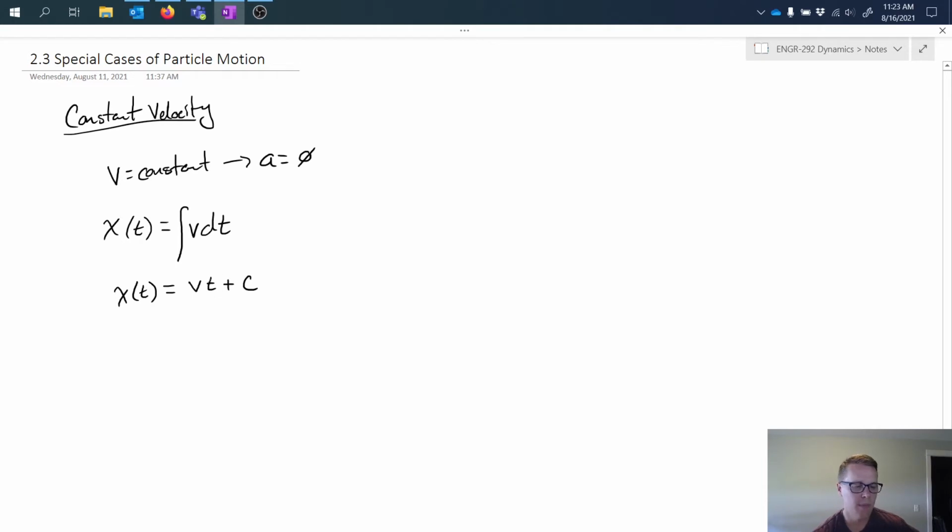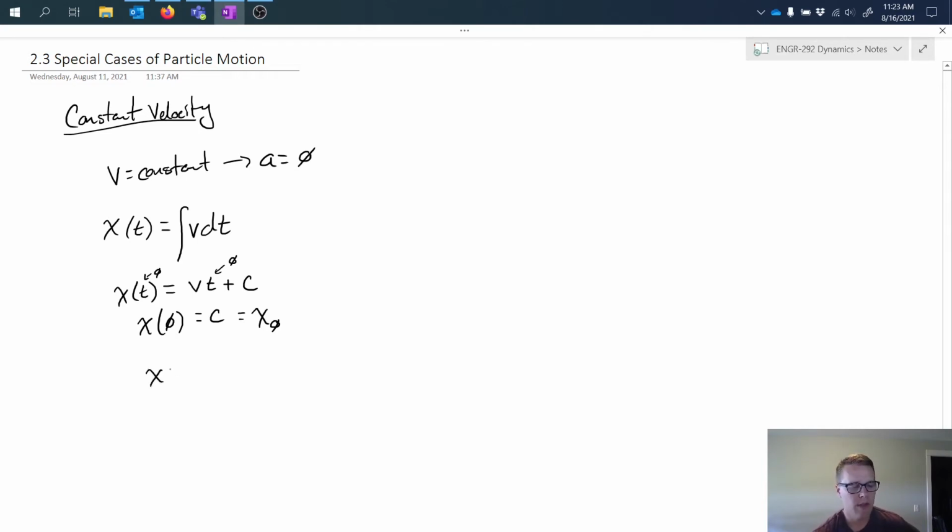So if t is equal to 0, and then of course t over here is equal to 0 as well, we would say x of 0 is equal to c. So then we'll go ahead and define that as x naught. And all that means is it's the initial position of x when time is 0.